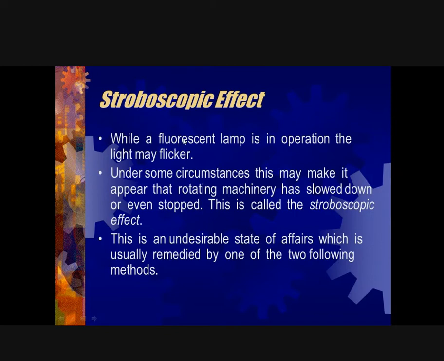Basically, this is the effect that causes moving objects under a fluorescent light to seem as if they are standing still. Because fluorescent lamps are frequency dependent, the light will oscillate at the supply frequency.